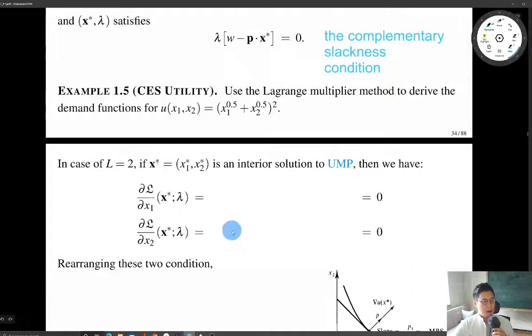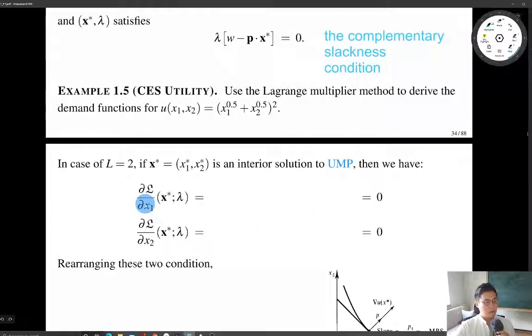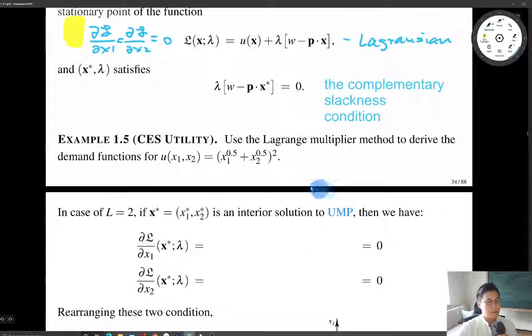In the meantime, if we adopt this stationary condition, at an interior solution, if x star is an interior solution to the UMP, the derivative of the Lagrangian must be equal to 0. If we take the partial derivative of this Lagrangian, u of x becomes the partial derivative of u with respect to x1.